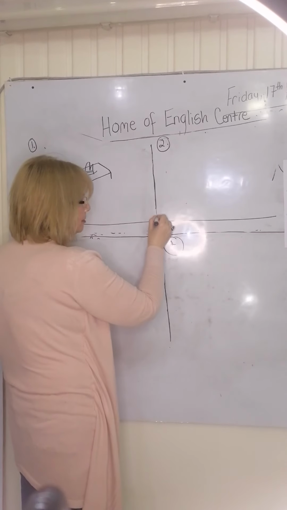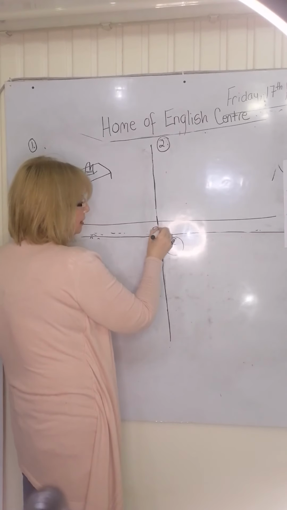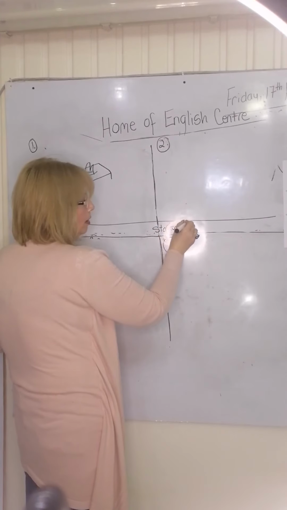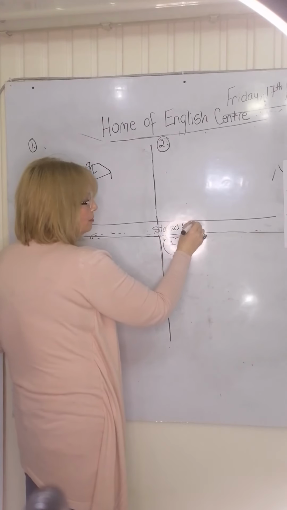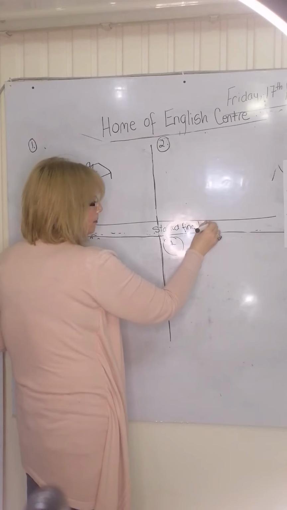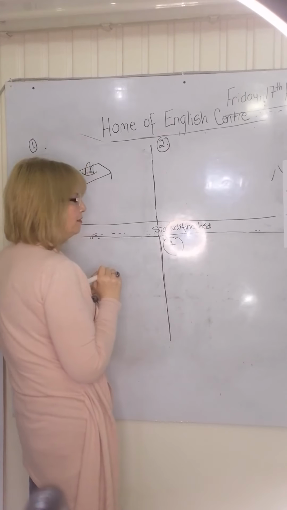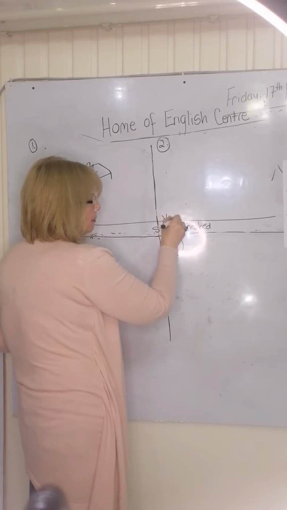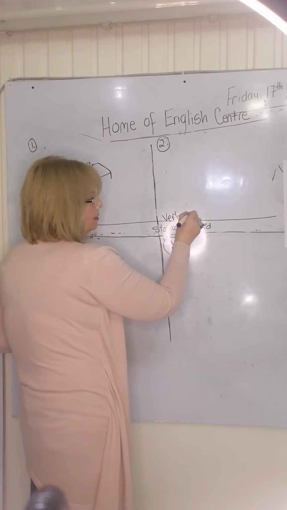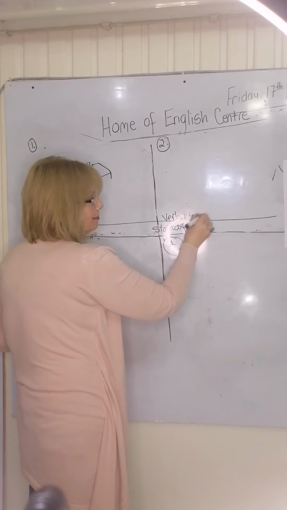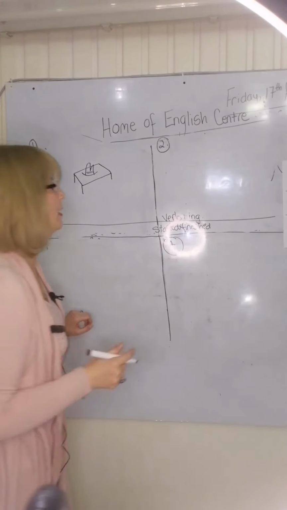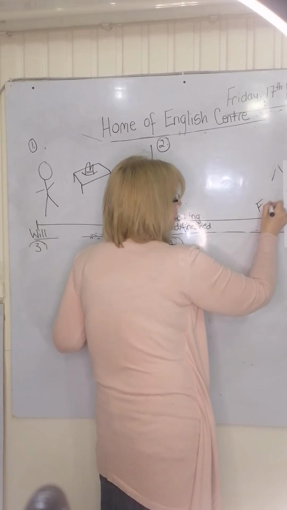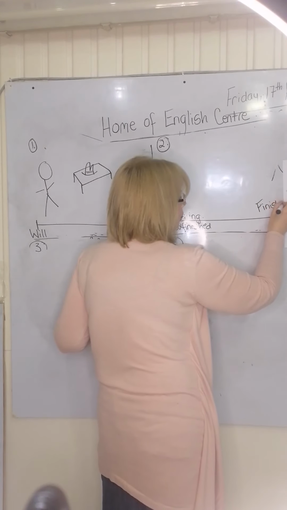Here, you have started, but not finished. This is where your verb plus ing, this is where you use that. And here you have finished, and the action is over.